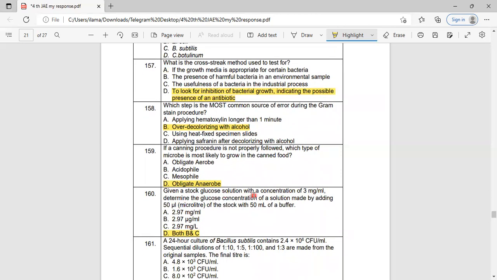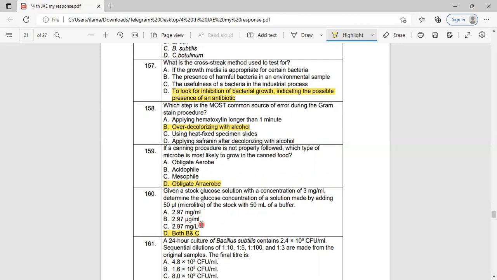Given a stock solution with a concentration of 3 mg per ml, determine the glucose concentration of a solution made by adding 50 ml of stock solution to 50 ml of buffer solution. You will get 2.97.